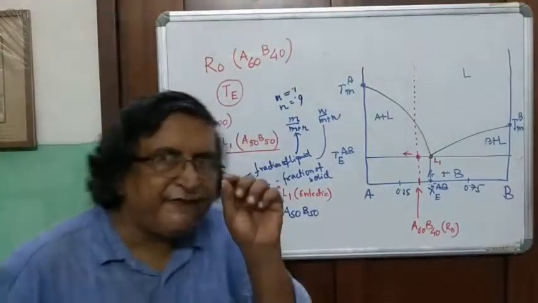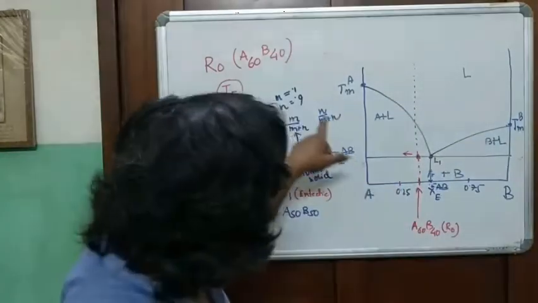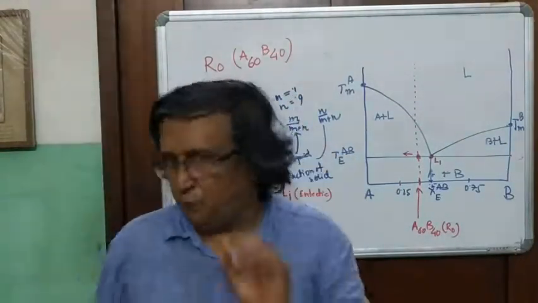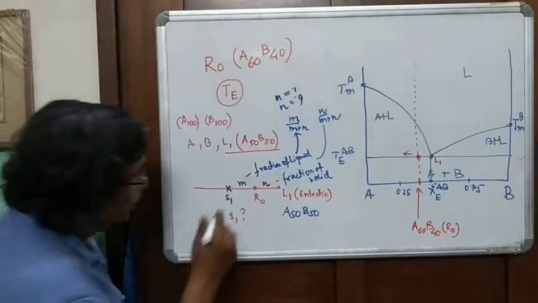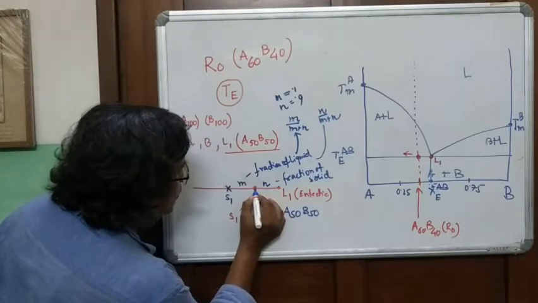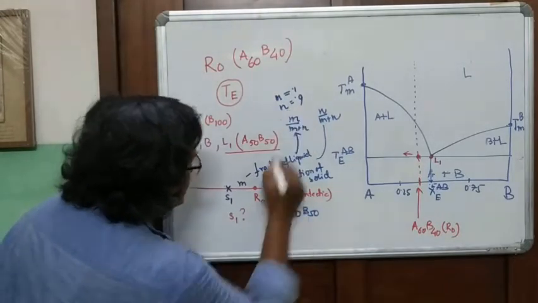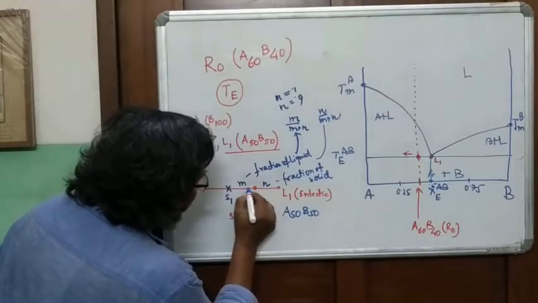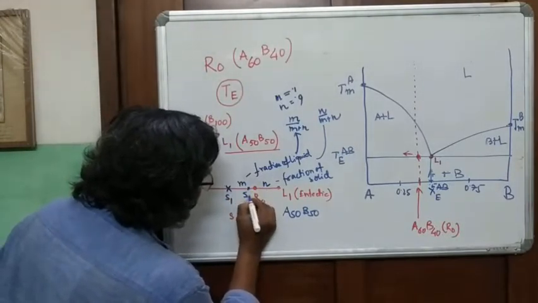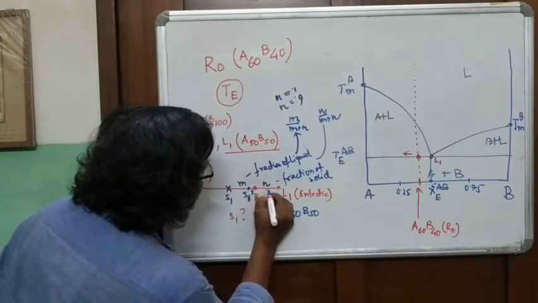If I say fraction of melt is 0.1, that means fraction of solid is 0.9. So if N, the fraction of solid, is 0.9, then I will have a point here somewhere, which will be my S1, where this is 0.1 and this is 0.9.